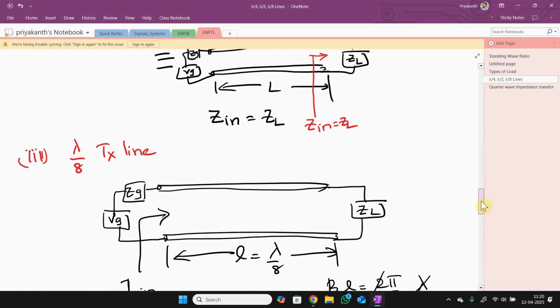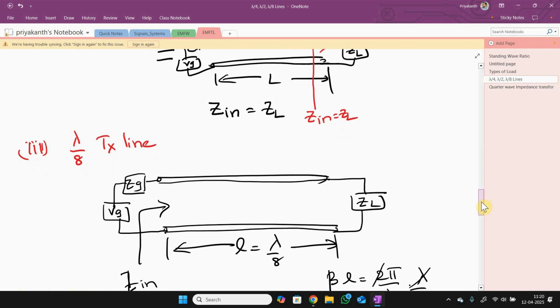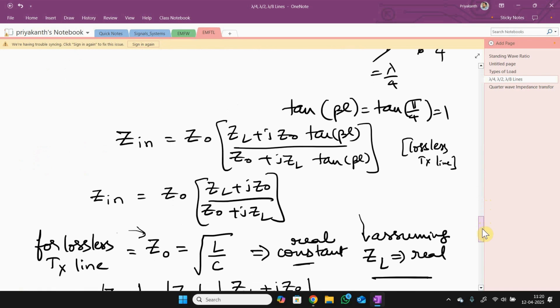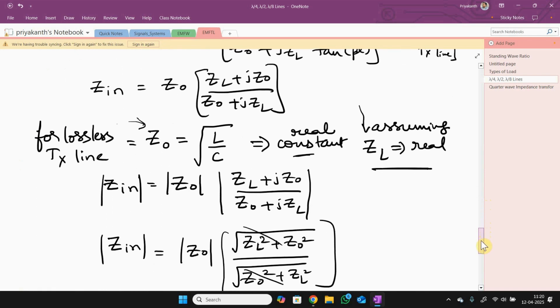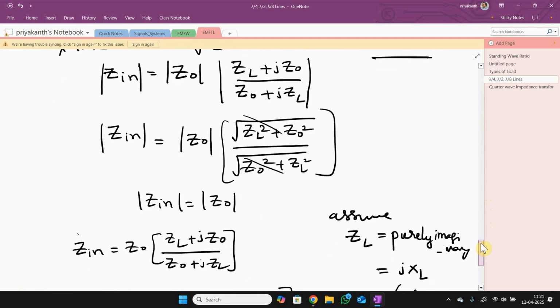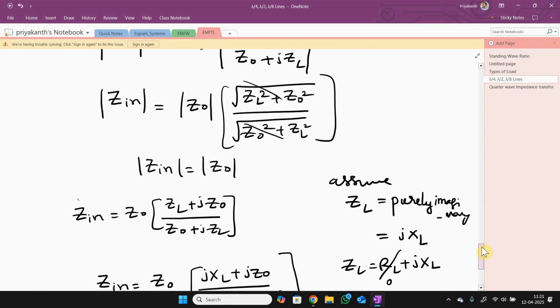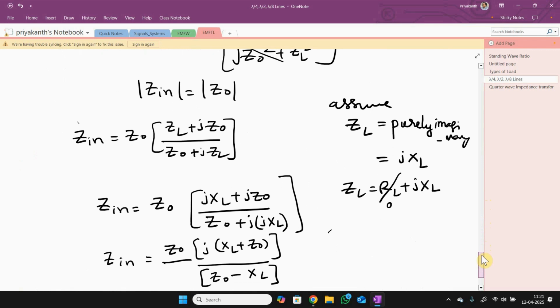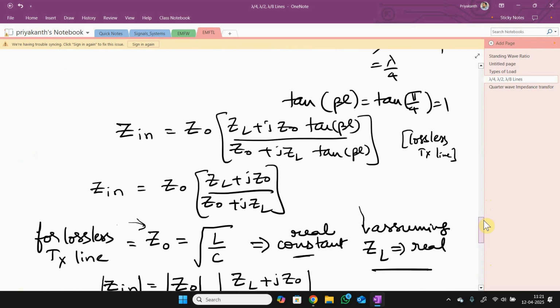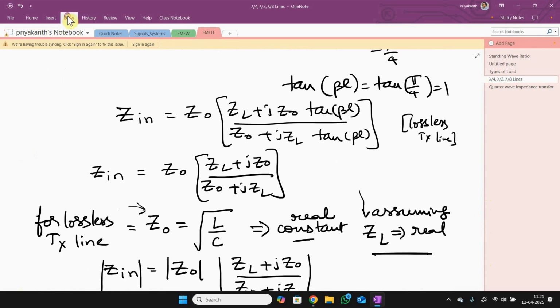And the last one is lambda by 8 transmission line, where we observe that for a lossless transmission line, and assuming that ZL is real, the magnitudes of Zin and Z0 are the same. Magnitude, I'm talking about magnitude. When it is purely imaginary, you got some expression for Zin, and if it is complex, you can directly use this formula. So all this is an extension. You can stop here actually.